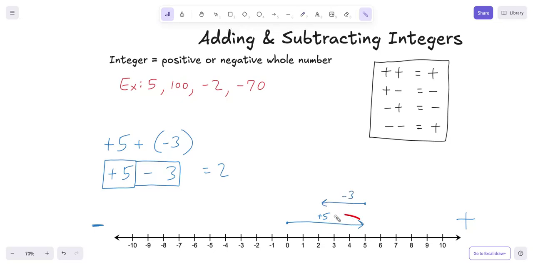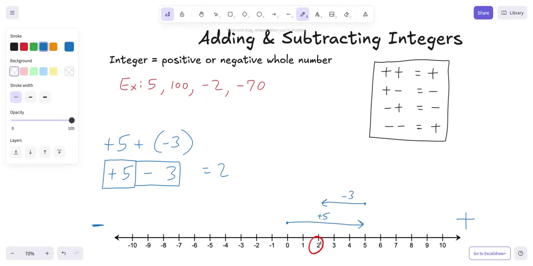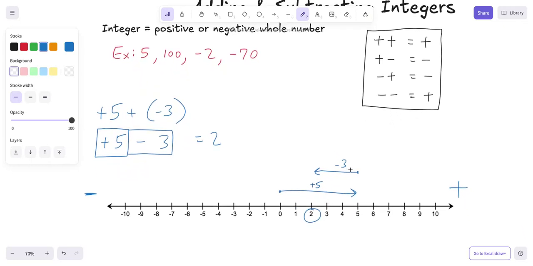So my arrows are going in opposite directions, which means I need to subtract. 5 minus 3. My positive number is more positive than my negative number. I go 5 positive, but only 3 negative. So I end up at +2. Okay?